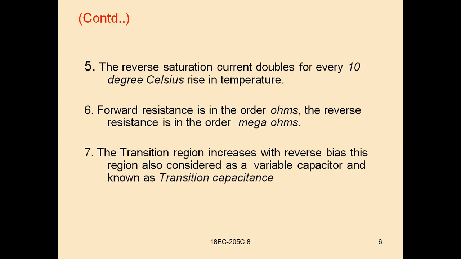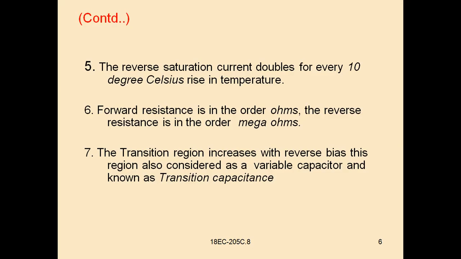The reverse saturation current, which is produced due to minority charge carriers, doubles for every 10 degrees Celsius rise in temperature. The forward resistance is in the order of ohms. The reverse resistance is in the order of mega ohms, which is very, very high. In reverse bias, we will observe very less current.